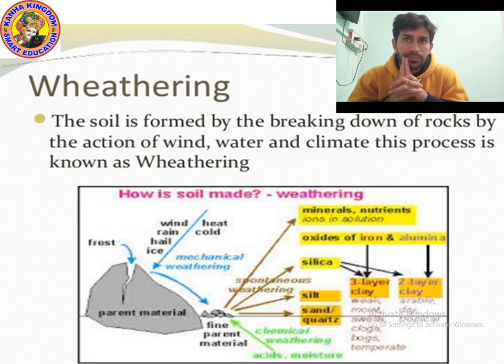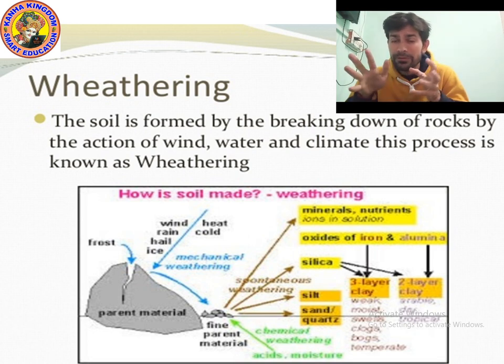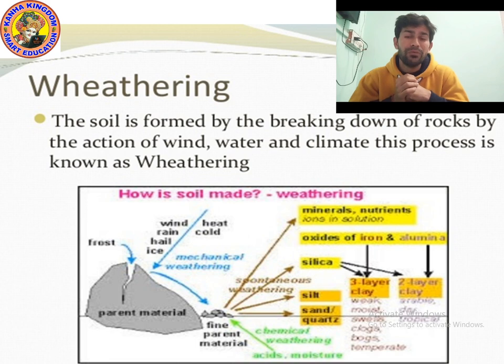What happens when rain occurs? Rain falls on the mountains and on the big rocks. When heavy rains fall, cracks come between the rocks and the particles start breaking down.